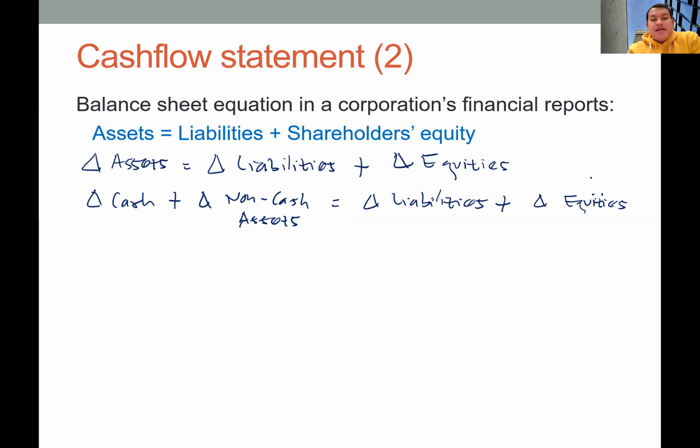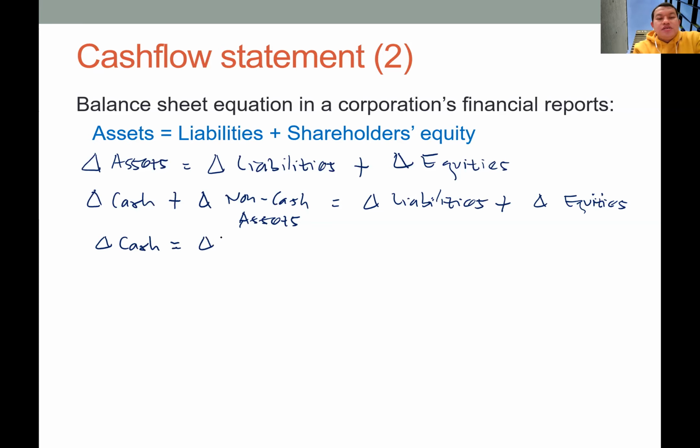If we are interested in the changes in cash, we can rearrange the formula. We can move the non-cash assets to the right hand side of this equation.